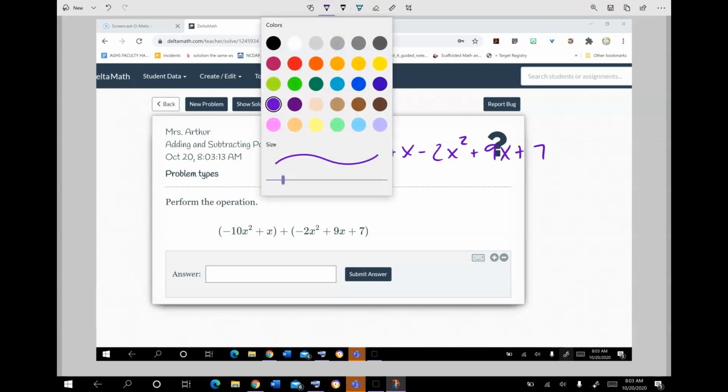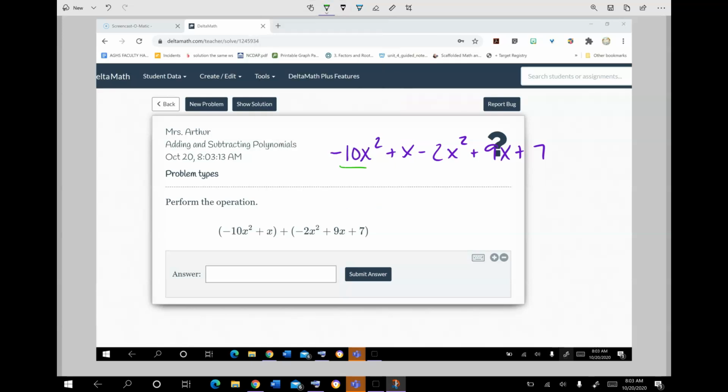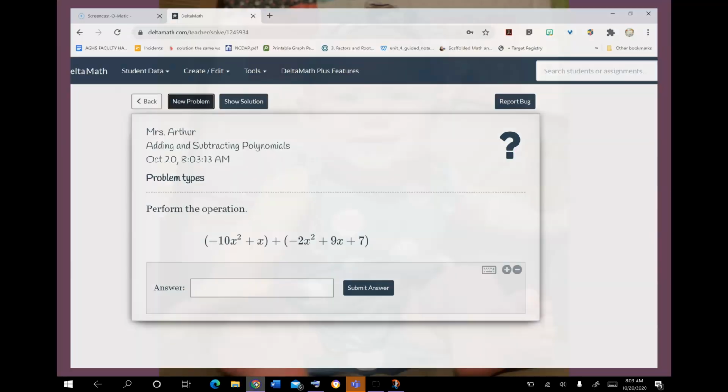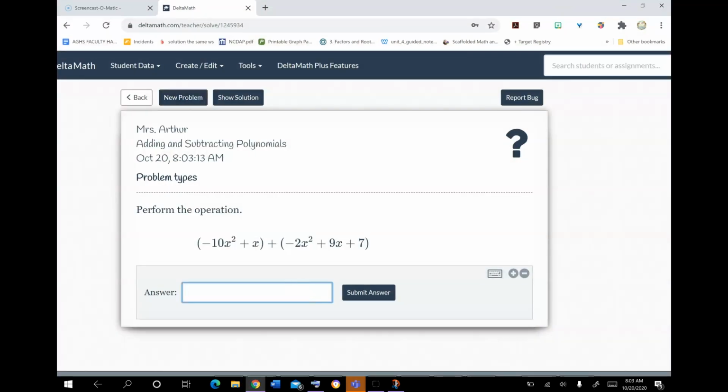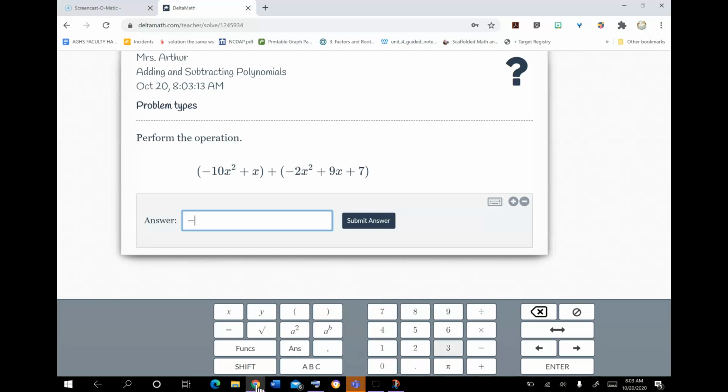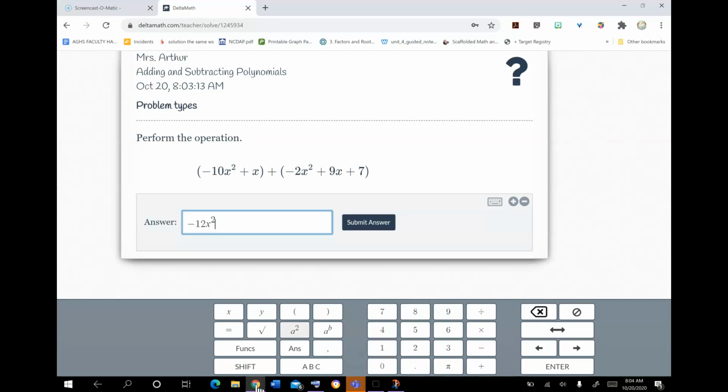Now we're just going to combine our like terms. Negative 10x squared and negative 2x squared make negative 12x squared. And then positive x and a positive 9x make a positive 10x. And then 7 is by itself. So it's going to be negative 12x squared plus 10x plus 7.